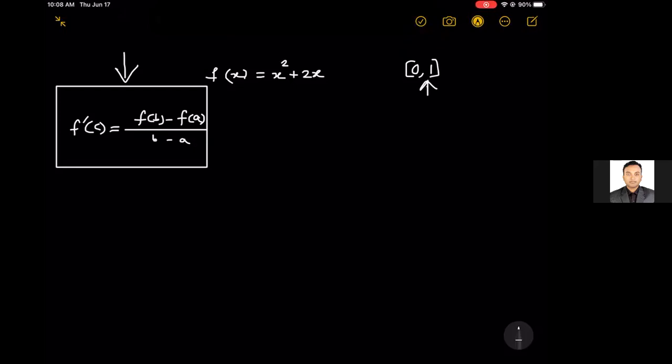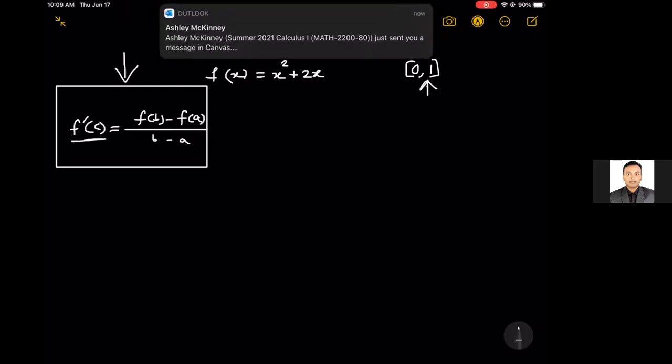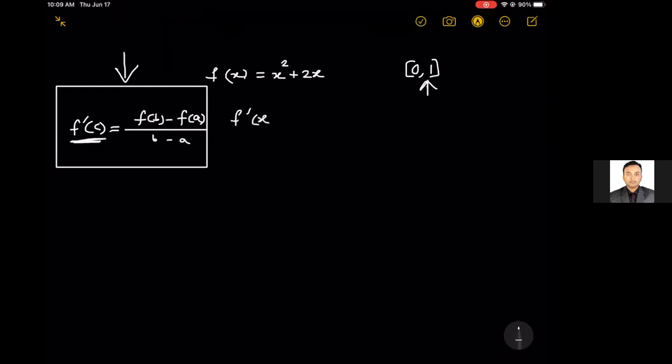How? Okay, so first of all, we want to get the left-hand side. So what's the first derivative? That's the first question. The first derivative is 2x plus 2, right? And we want to have f prime of c. What's f prime of c?